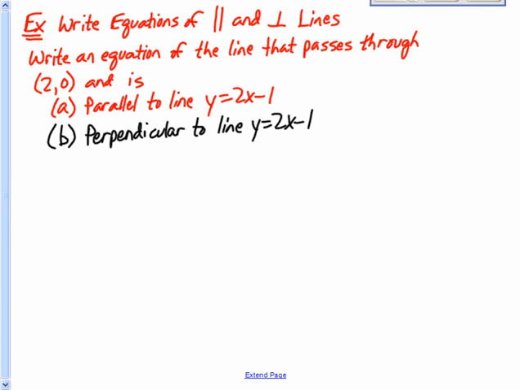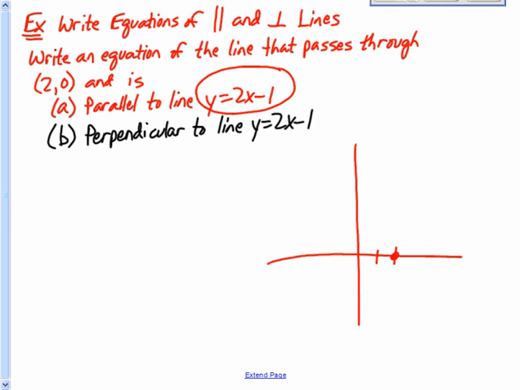All right. So let's apply this to writing equations of parallel and perpendicular lines. Let's write this equation: a line that passes through (2, 0), but is parallel to the line y equals 2x minus 1.